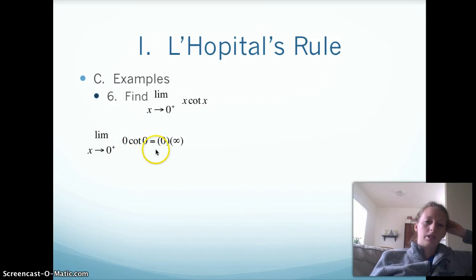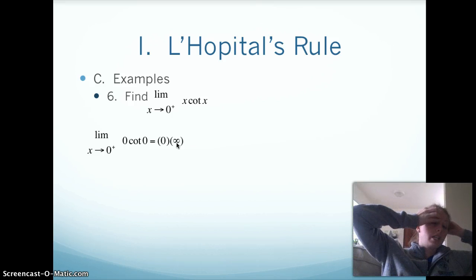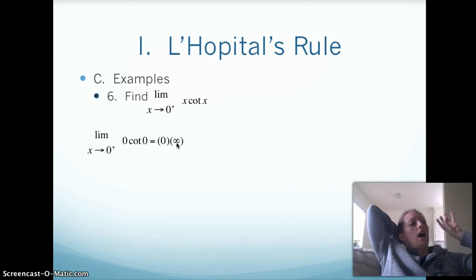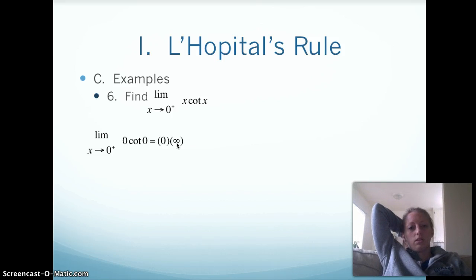If I plug 0 into cotangent, because it's approaching, cotangent, remember, is x over y, not y over x. So I'm taking 1 over a number that's getting closer and closer to 0.